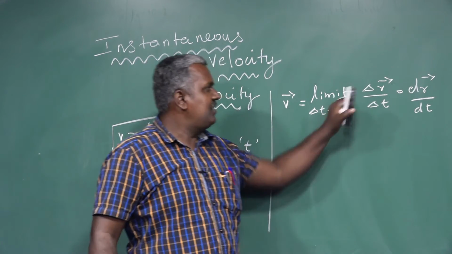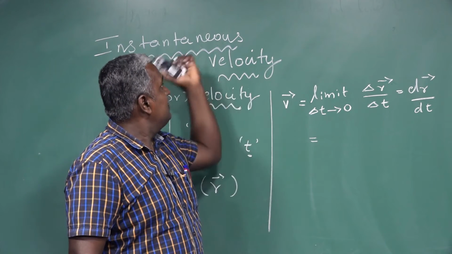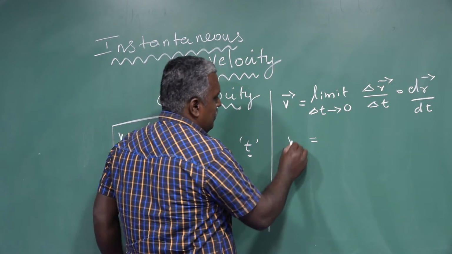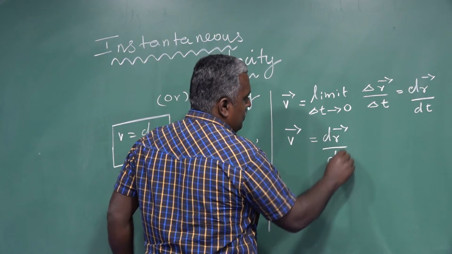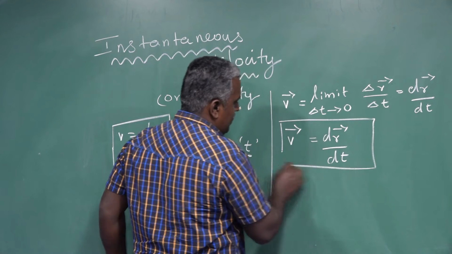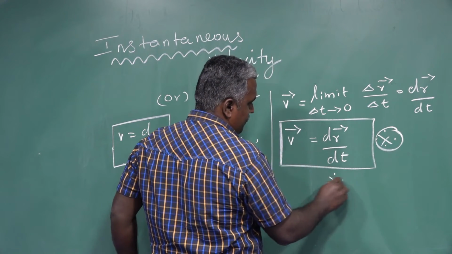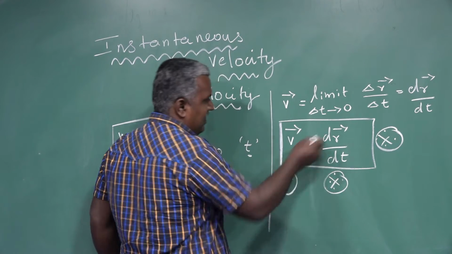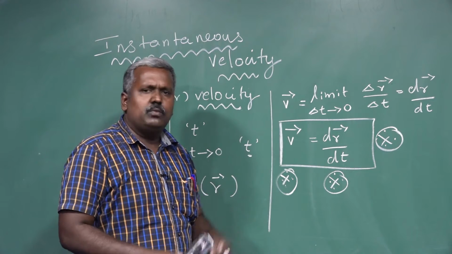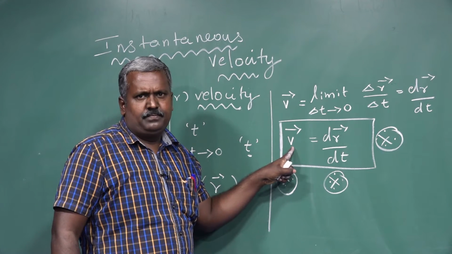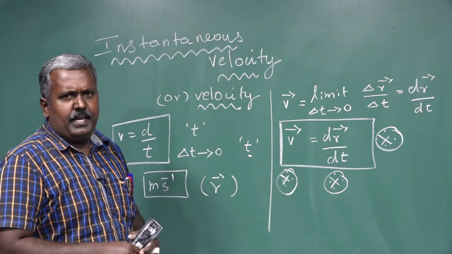So we can write the simple formula for instantaneous velocity: V vector is equal to dr vector by dt. That's all. Very important, and the simplest formula to find velocity. Clear? Keep in mind this formula only. Enough.